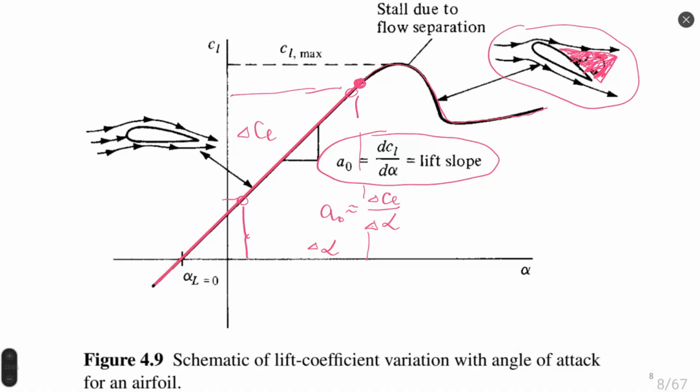With increase of angle of attack, this recirculation zone grows, becomes bigger and bigger. Because of this, the lift coefficient goes down.